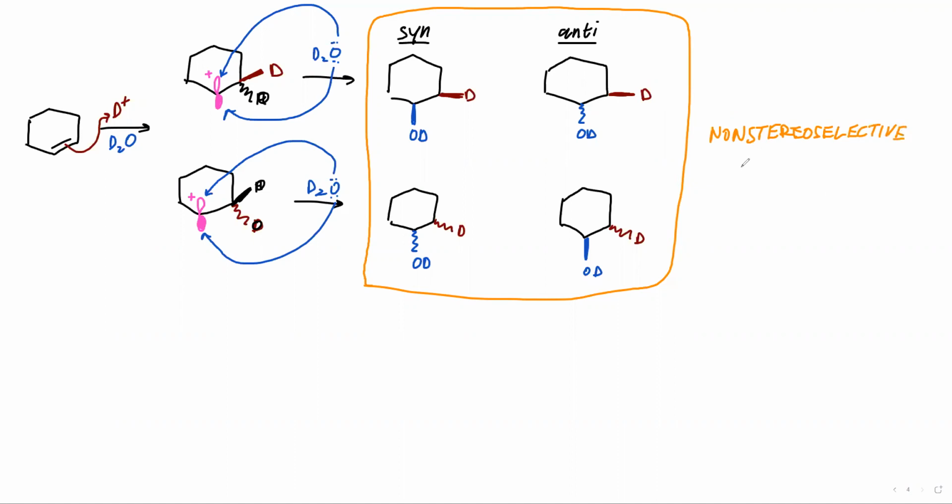And again, this is the case for mono, di, and trisub alkenes. For the majority of alkenes, you will never see a preference for syn or anti in acid mechanisms. So let's hope that we don't make two centers, because if we do, we've got to draw all four of these, and that kind of sucks.